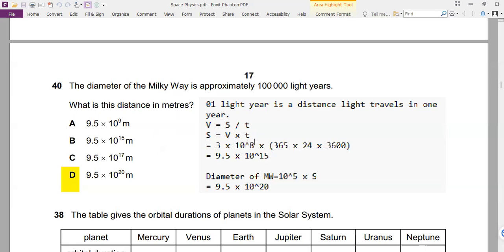Speed of light is this, and the time of 1 year in seconds is this much. So that's the distance the light travels in 1 year. 100,000 light years means multiplying with 100,000 gives you this answer here.